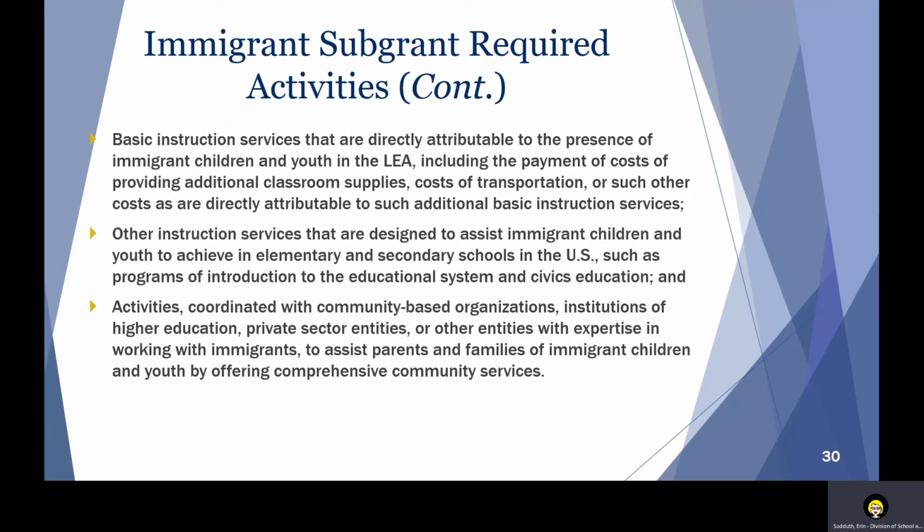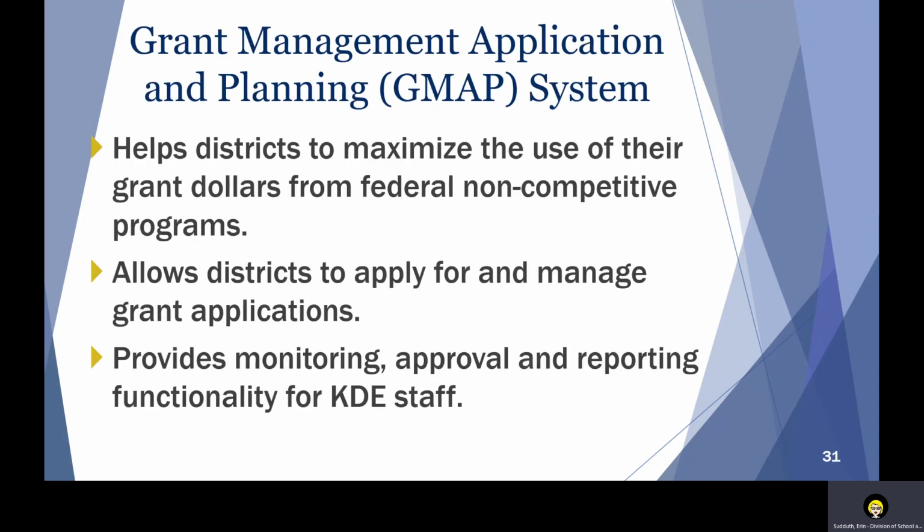Other instruction services that are designed to assist immigrant children and youth to achieve in elementary and secondary schools in the U.S., such as programs of introduction to the educational system and civics education, and activities coordinated with community-based organizations, institutions of higher education, private sector entities, or other entities with experience in working with immigrants to assist parents and families of immigrant children and youth by offering comprehensive community services.